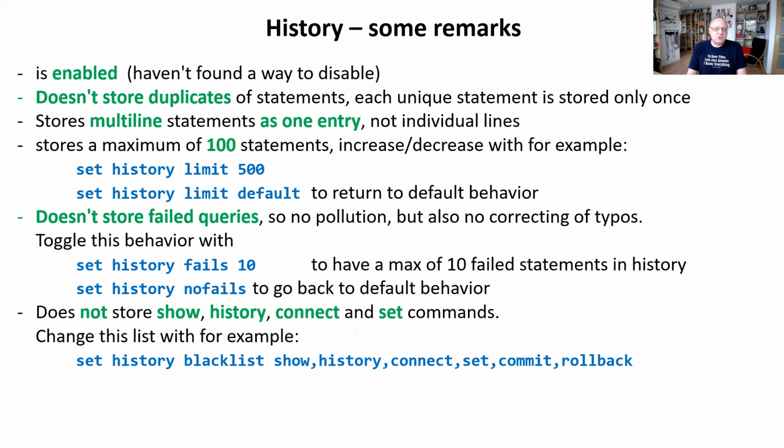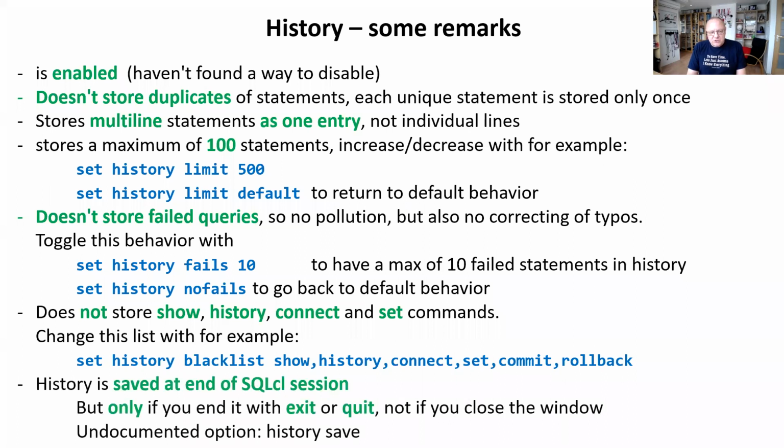So you can change this with set history blacklist. Remember that when you do a set history blacklist, it overrides the current blacklist. So if you want to keep what's in there and add some things, then you will have to take the stuff that's in your blacklist right now in the new command as well.